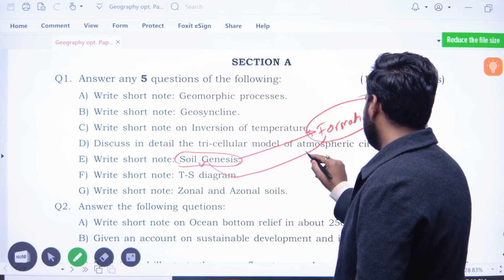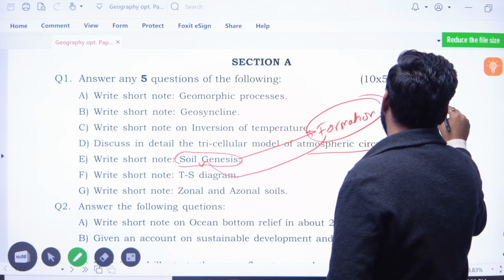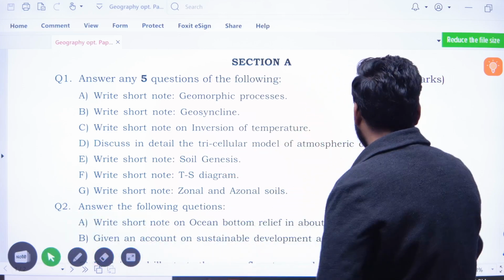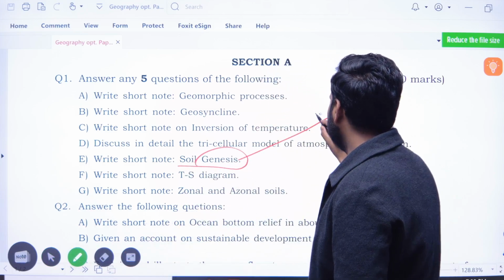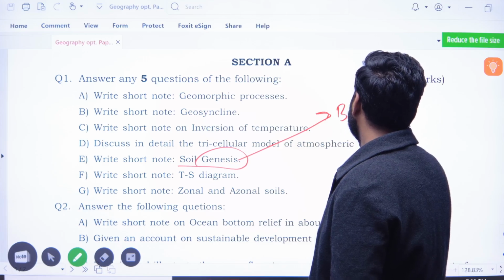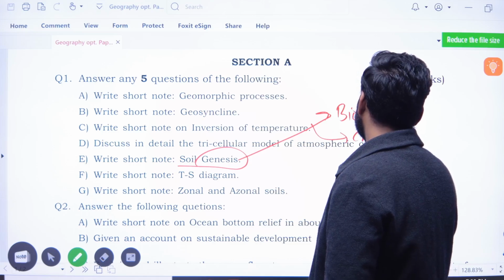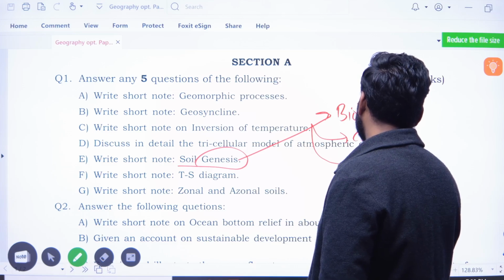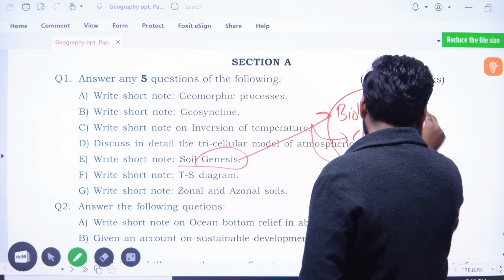In this question you have to write down biological factors, chemical factors and physical factors. These are the factors which are responsible for soil genesis.